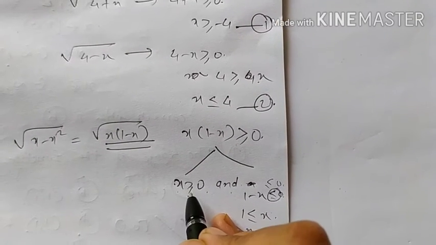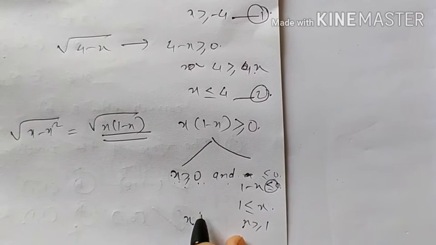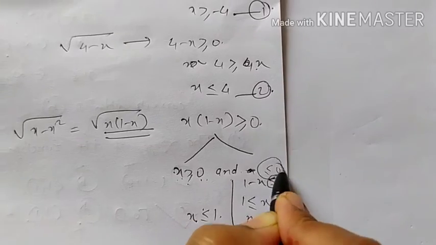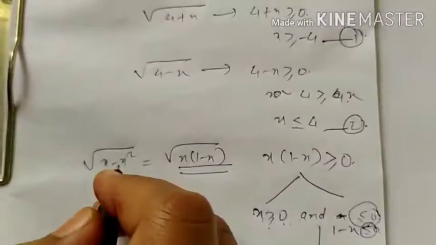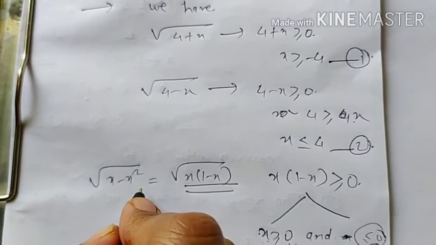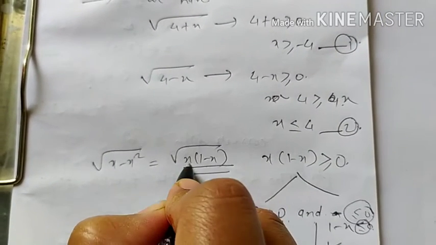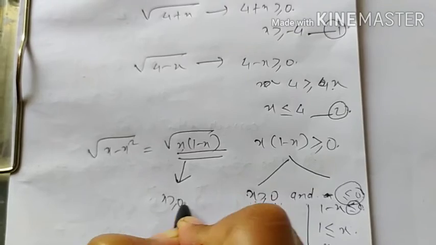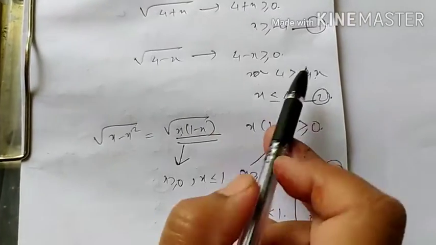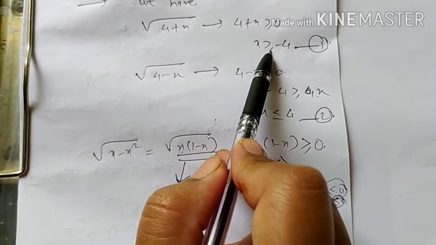Means x greater equal to 0, and x is less equal to 1. So for this expression in x, we have x greater equal to 0 and x less equal to 1.